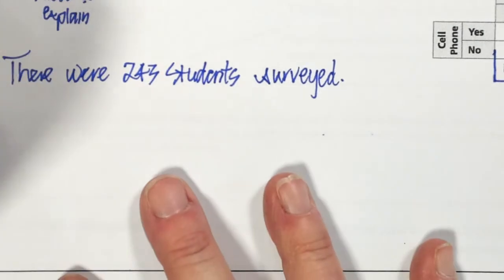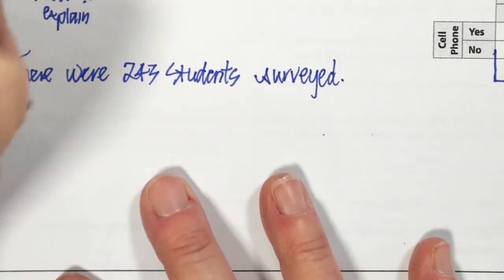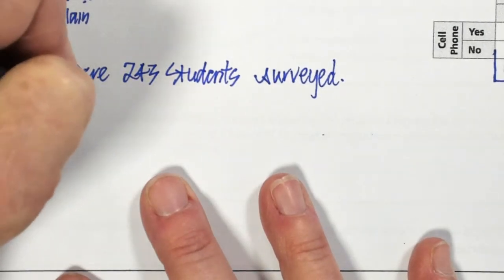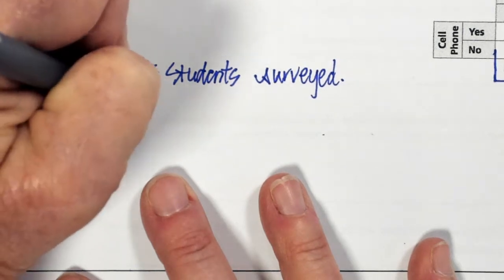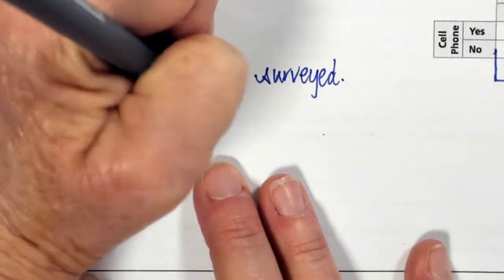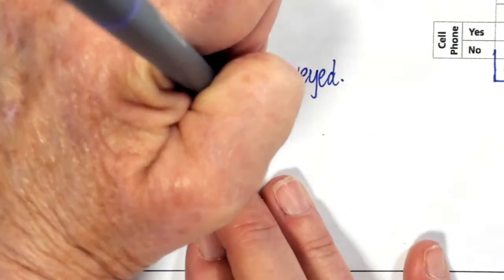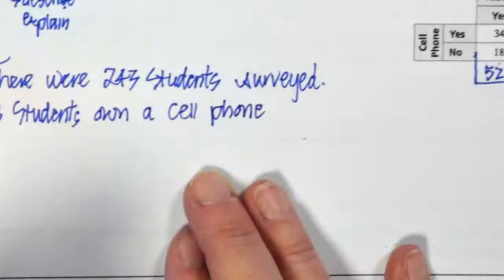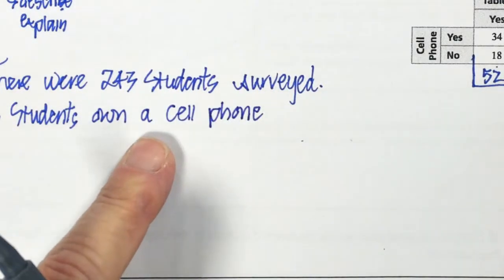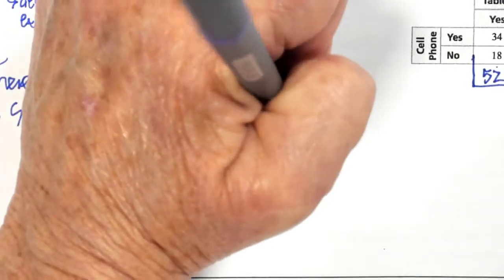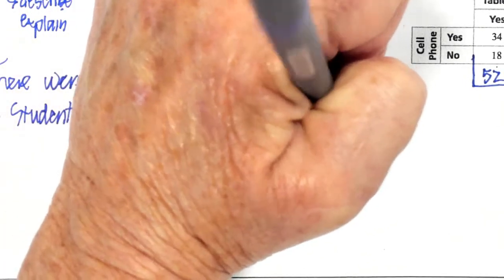So I'm going to state that. 158 students own a cell phone. And if 158 students own a cell phone, how many don't? And 85 do not.